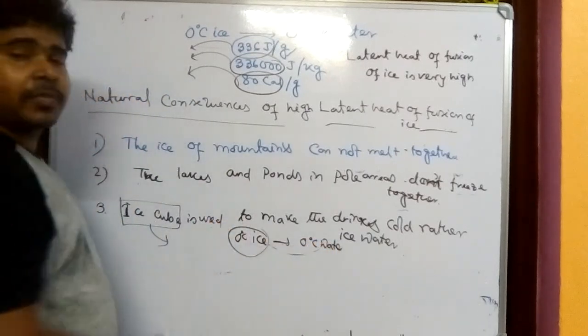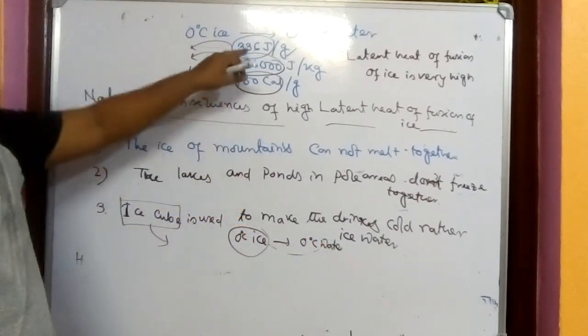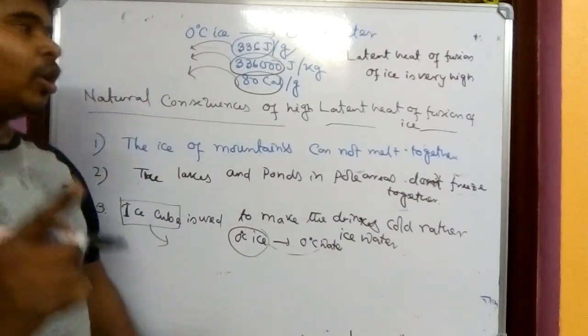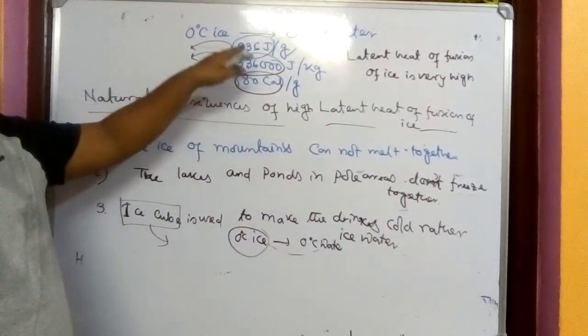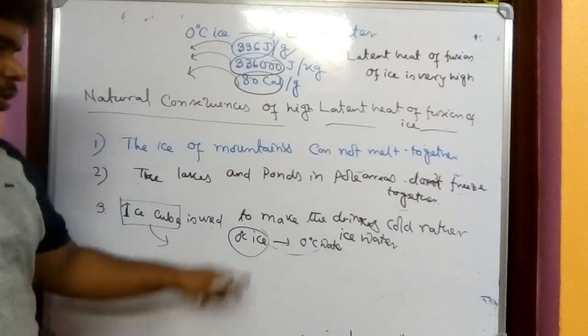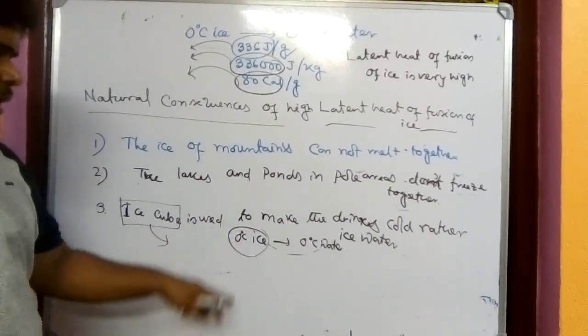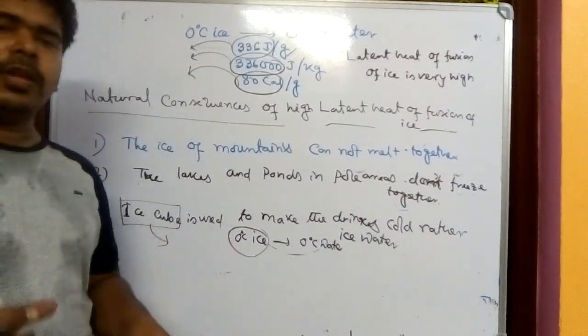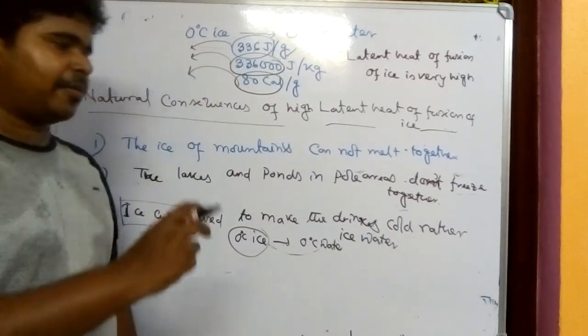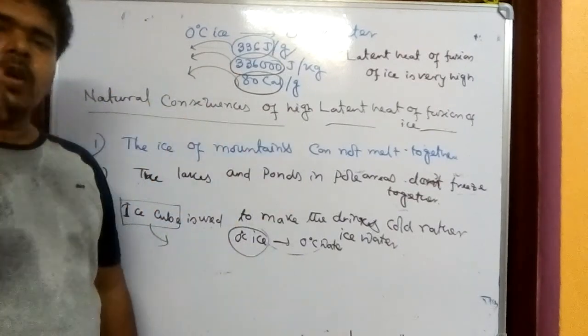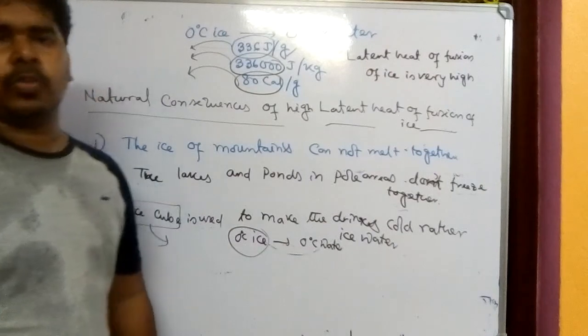Definitely it is ice, because for ice, for each gram or each kilogram, you have taken in this much amount of heat energy, so it is cooler. That's why an ice cube is more efficient to make a drink cold rather than ice water.